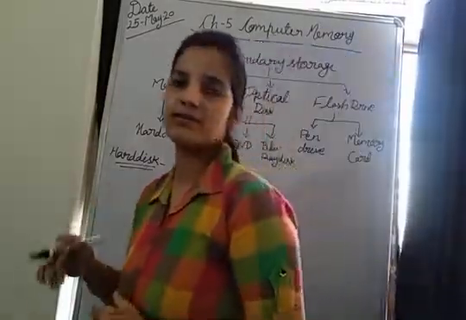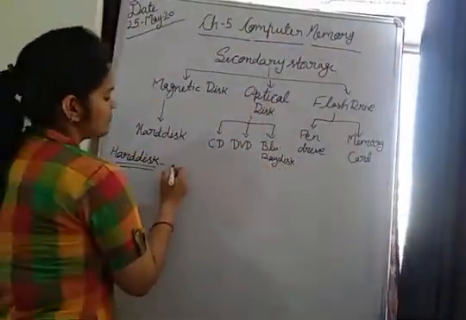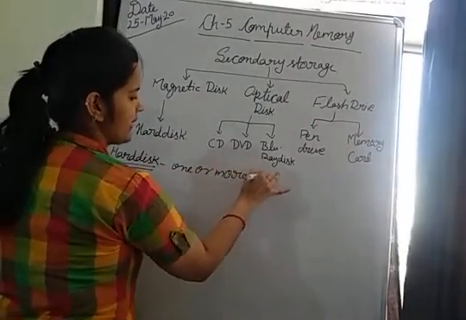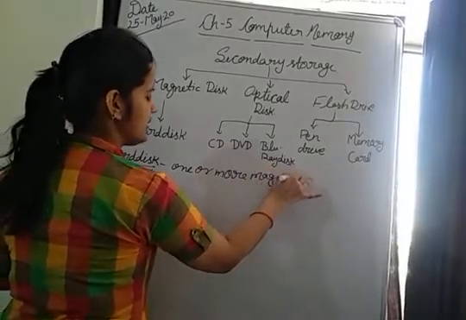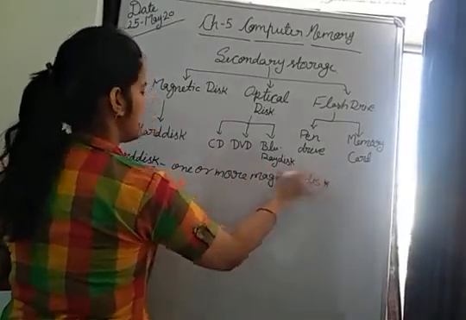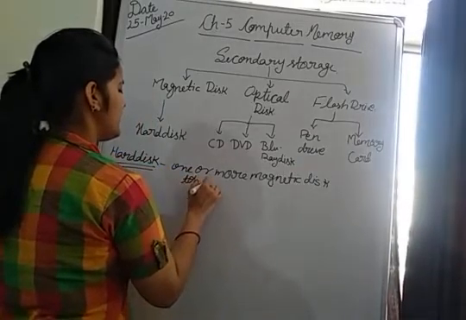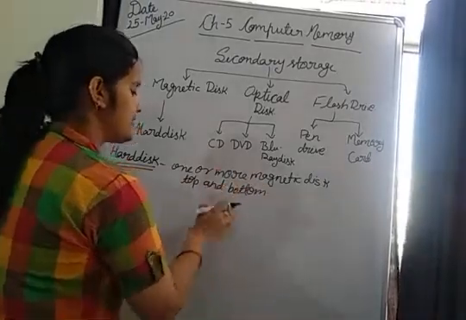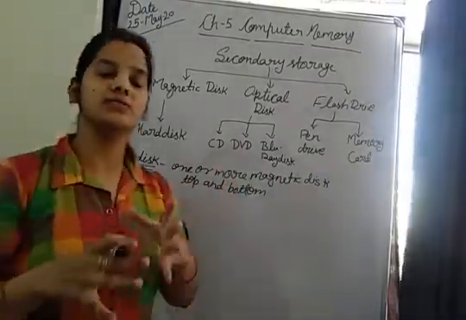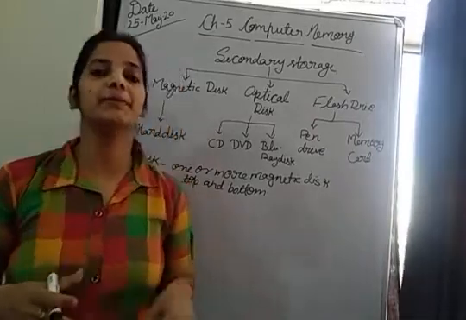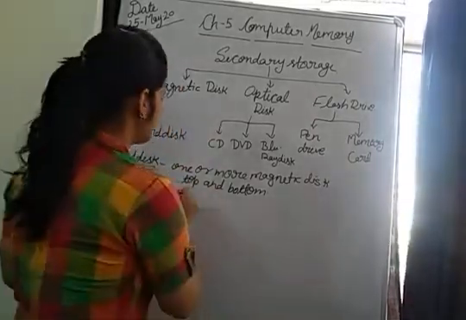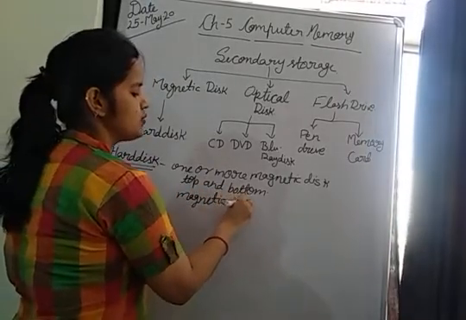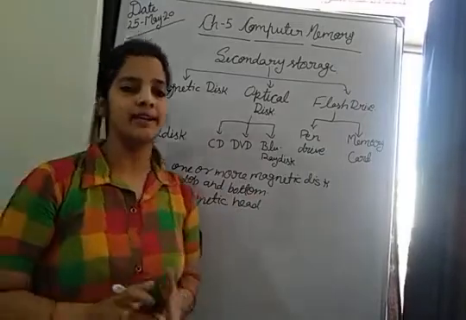Hard disk has one or more magnetic disks, and it has a top and bottom surface, and this top and bottom surface is usually used to record the data with the magnetic head. There is a magnetic head present that is used to record the data.